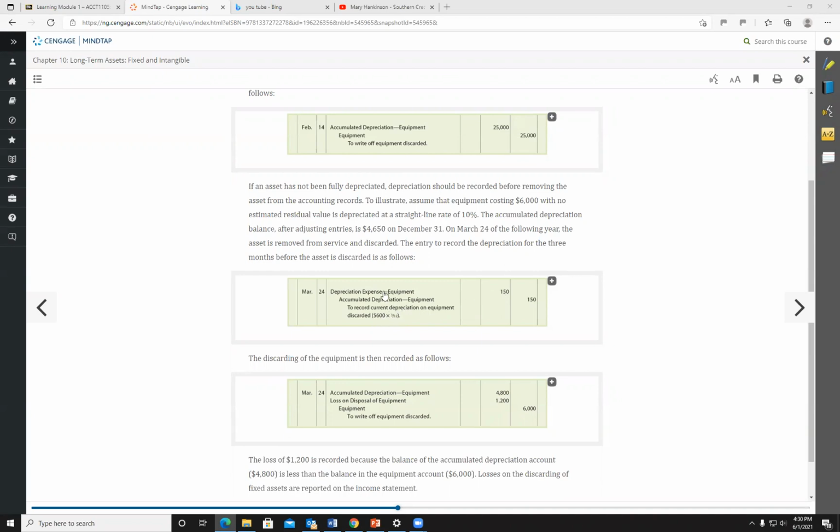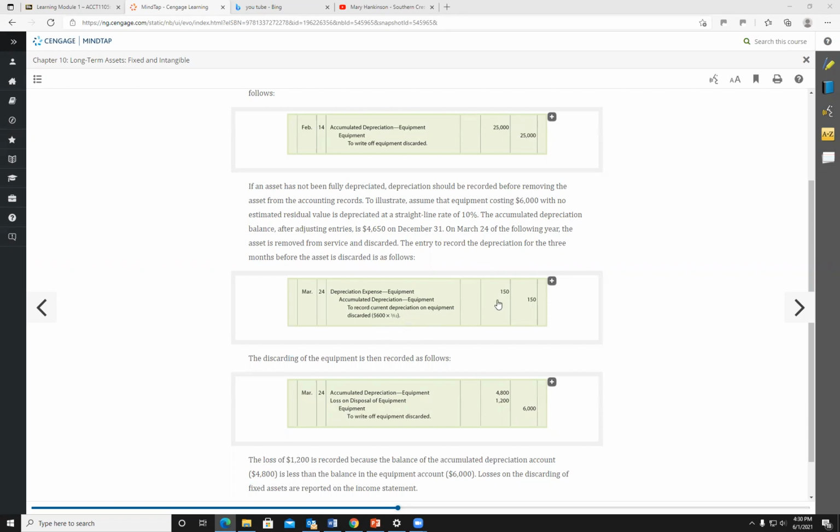Now, where did the 600 come from? Well, it says here that the equipment costs 6,000 with no estimated residual value. It depreciates at a straight line rate of 10%. So 10% of $6,000 is your 600. So then your 600 times 3/12 gives you the 150.